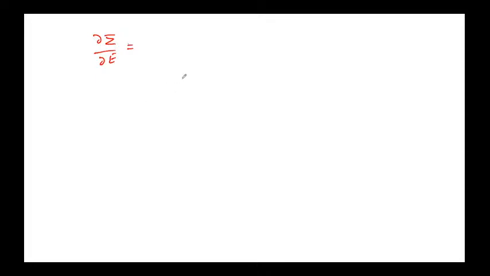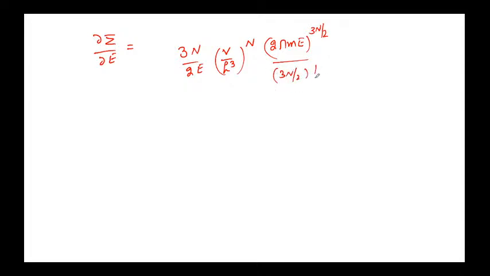So this equation becomes 3N over 2E, V over h cube to the power N, 2 pi m E to the power 3N by 2, over 3N by 2 factorial. So again this term is our microstate sigma.